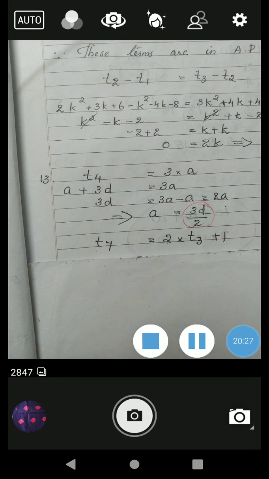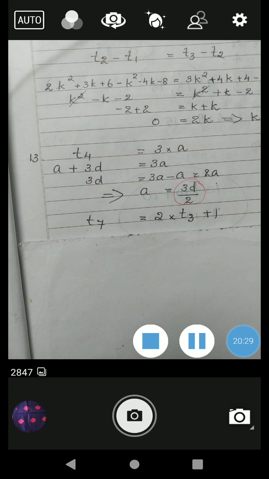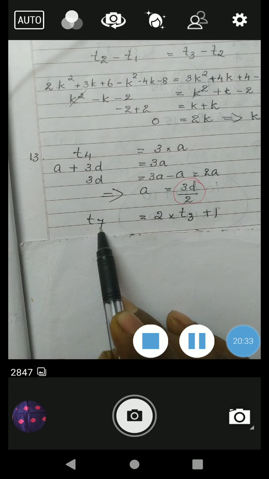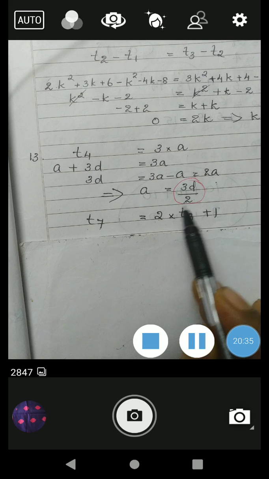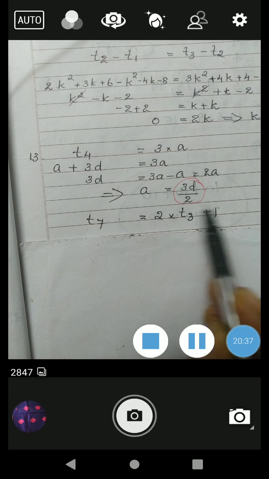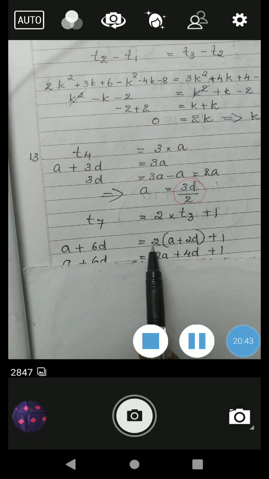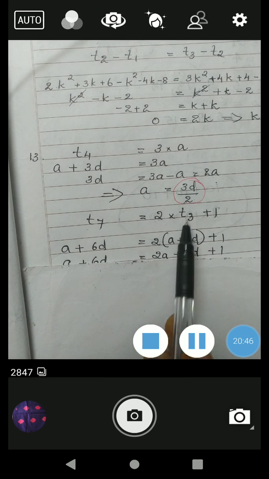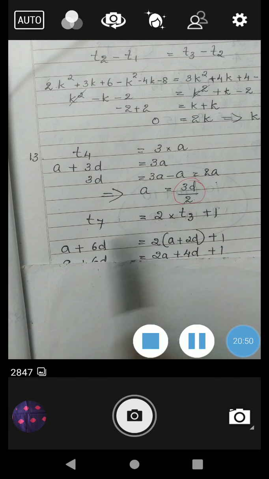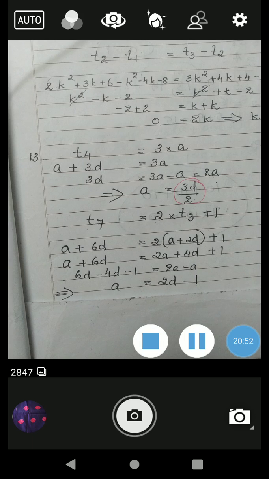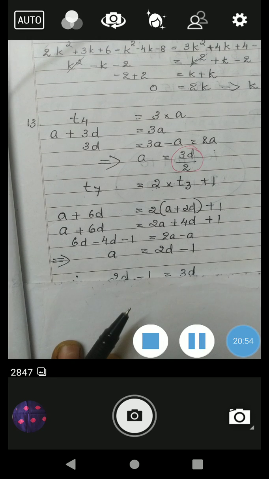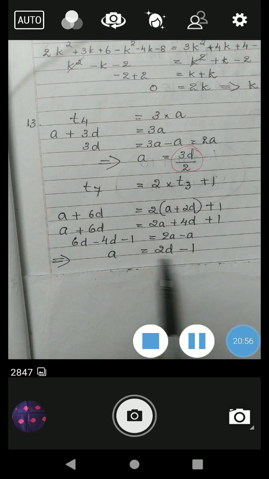Now T7 is also given, that is the seventh term exceeds twice the third term by 1. So we can write the equation like this. What is T7? It is A plus 6D is equal to 2 into T3, T3 is A plus 2D, plus 1. On simplifying this, you can find one more equation, that is A is equal to 2D minus 1.